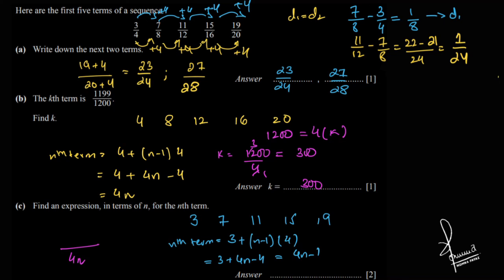Like we said, the numerator is 1 less than the denominator, so even if you did not do the working and you just wrote 4n minus 1, you should get the mark. So the nth term will be 4n minus 1 over 4n. The expression for the nth term will be 4n minus 1 divided by 4n.